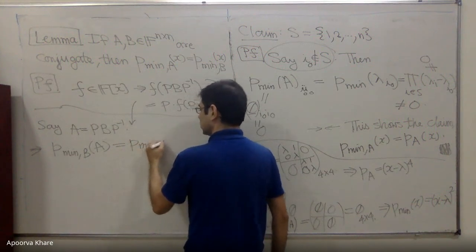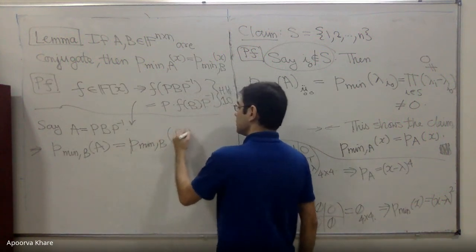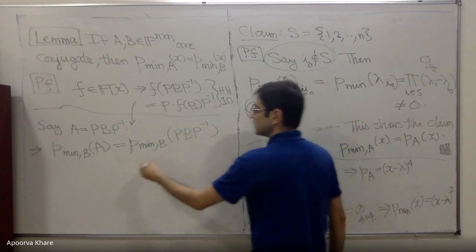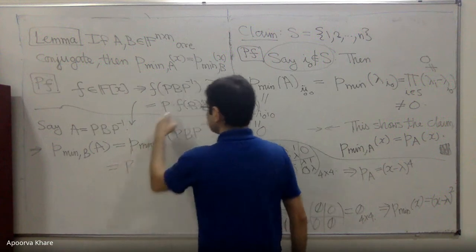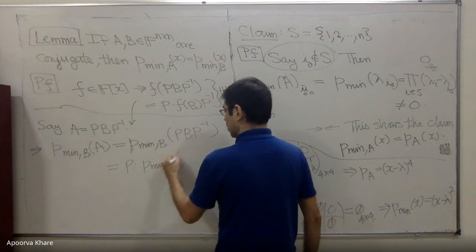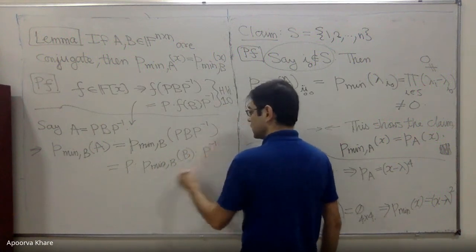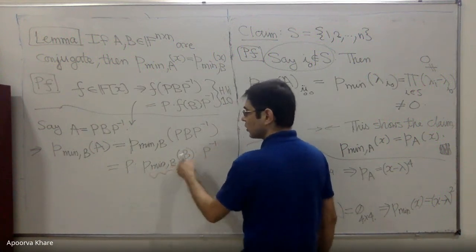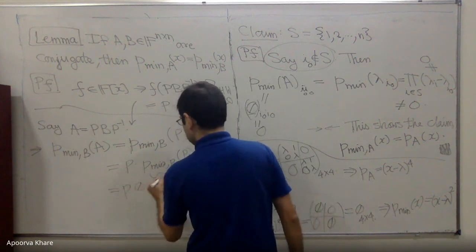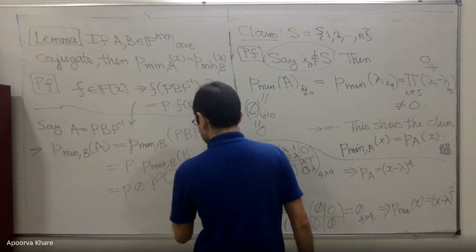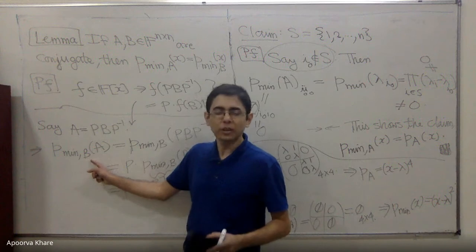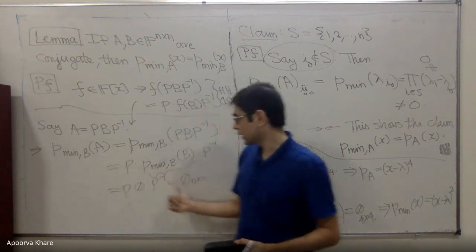Let's go slowly. P min of B of P B P inverse. But now because of this homework business, this is equal to P times the polynomial itself, P min B of B, times P inverse. But what is the minimum polynomial of B going to do to B? It is going to kill it. And therefore you just get the zero matrix. So even if you evaluate the minimum polynomial of B at the matrix A, you get 0.